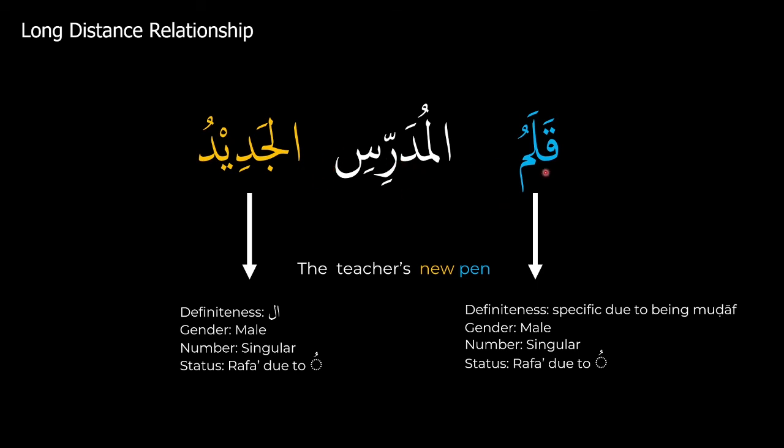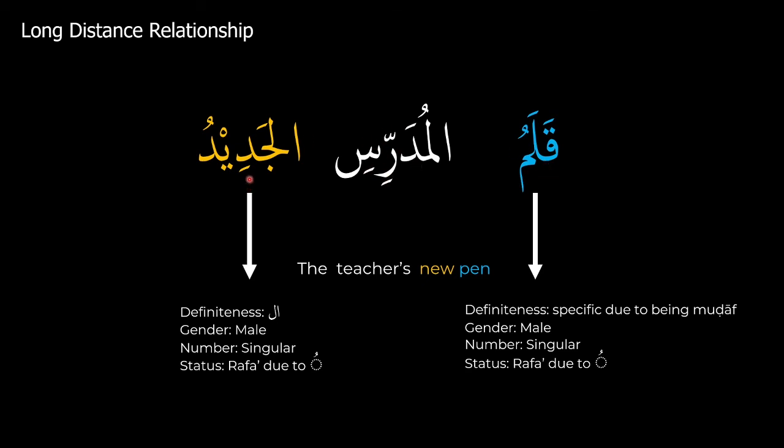So for example, here we have qalamul mudarrisil jadidu, right? Qalamu is the mawsuf and al jadidu is the sifa because they match in all four properties. So we know al jadidu is specific because of the al, and we know qalamu is specific due to being a mudaf, because qalamul mudarrisi is a mudaf ilayh relationship. This is the mudaf and this is the mudaf ilayh.